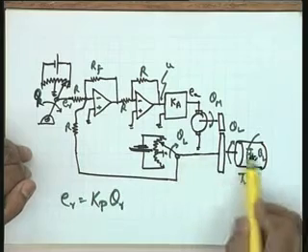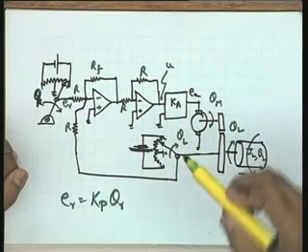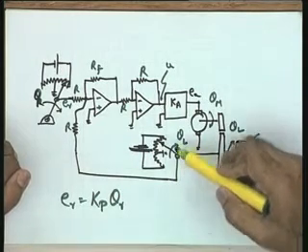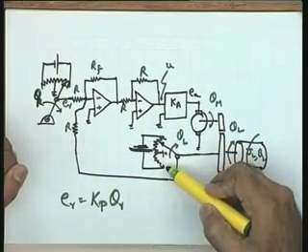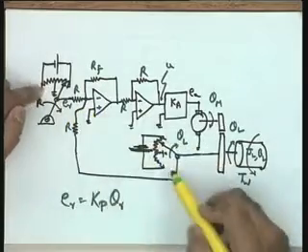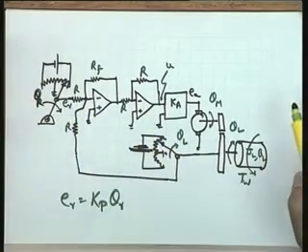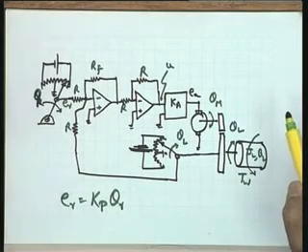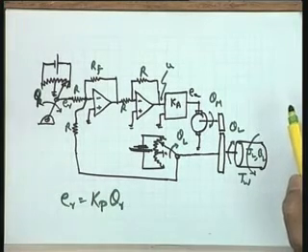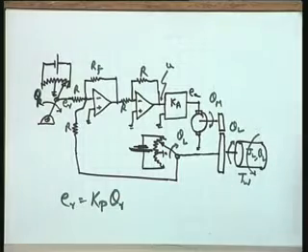Feedback signal is this particular load position theta L. This load position theta L could also be converted into a voltage signal by a potentiometer. Now I would like to take the potentiometric constant identical. Please note that this assumption will make it possible to convert the block diagram of the overall system into a unity feedback block diagram. If that is not there, you will not be able to get a unity feedback block diagram, and there is no problem in taking two identical potentiometers with the same potentiometric constant.